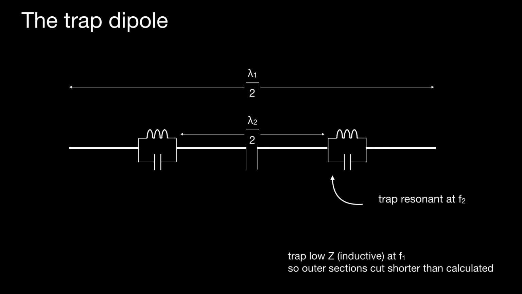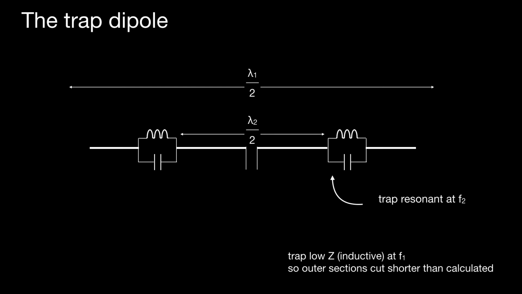So in fact now at 7 megahertz we see the full length of the antenna, and in fact a bit more than the full length of the antenna, because we're seeing some inductance in each leg. So for that reason the full length of the antenna is adjusted to make it electrically look like a 7 megahertz antenna at that frequency. So that's the trap dipole.